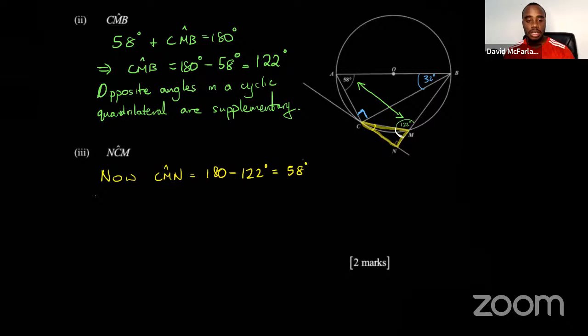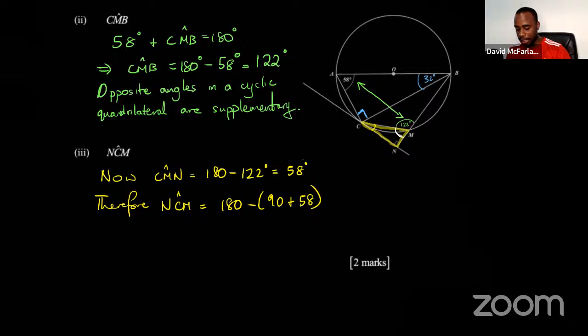So that means the angle that we want, NCM, is going to be equal to 180 minus the 90 and the 58. And what's 90 and 58?